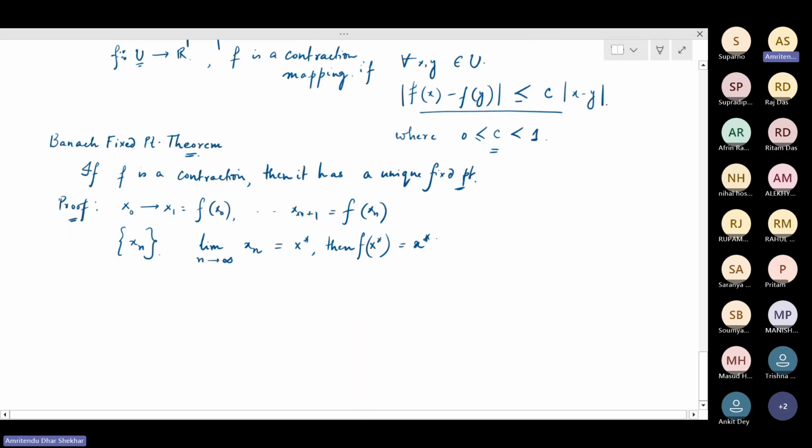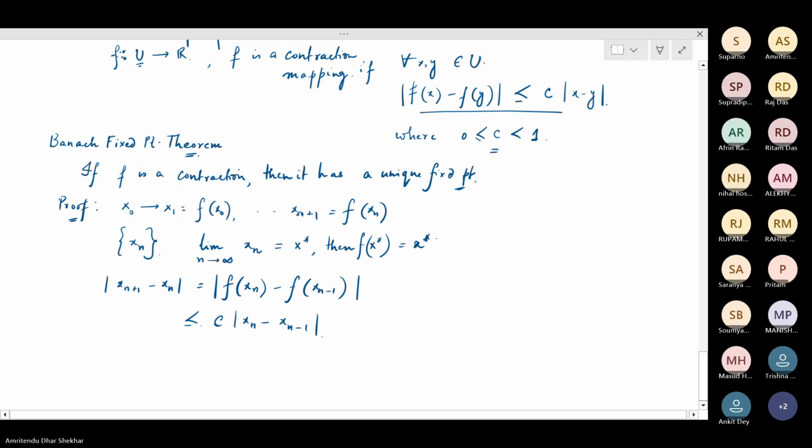And why is that? Well, notice that the modulus of xn plus 1 minus xn is equal to the modulus of f of xn minus f of xn minus 1, which is less than or equal to c times the modulus of xn minus xn minus 1.